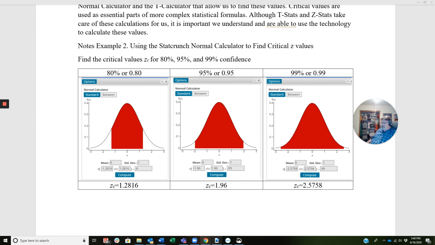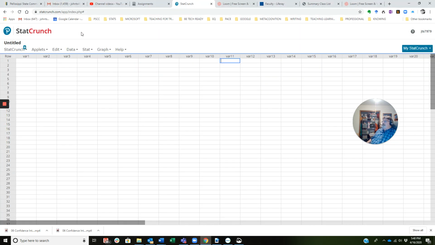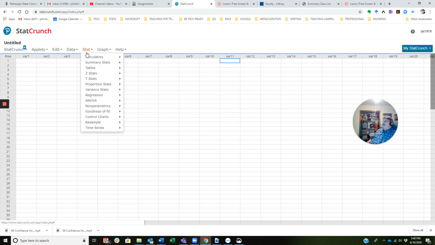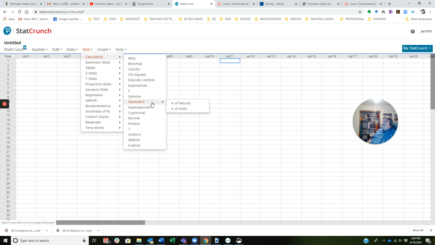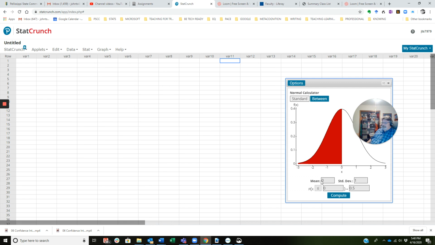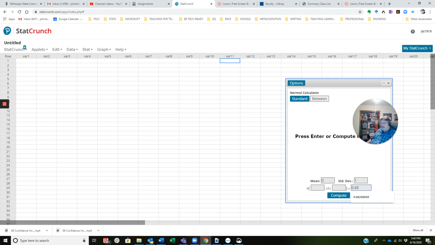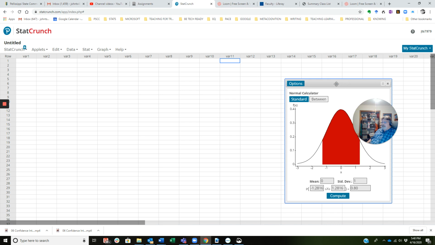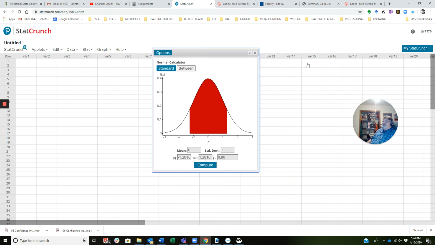So just for a moment, let's step up to StatCrunch: Stat, Calculators, and Normal. I don't need to touch the mean. I just click the between button, and I'm going to put the 0.80 in here and click compute. And there I have a Z-score. I'm only going to use the positive, the 1.2816.